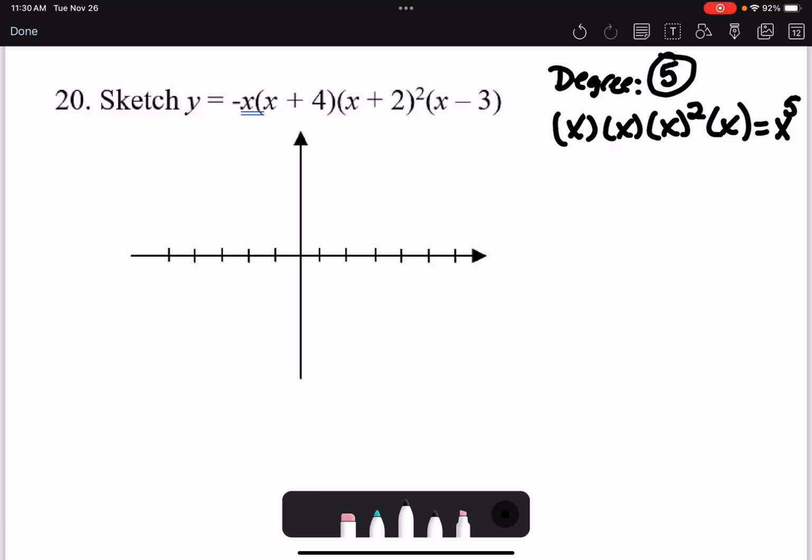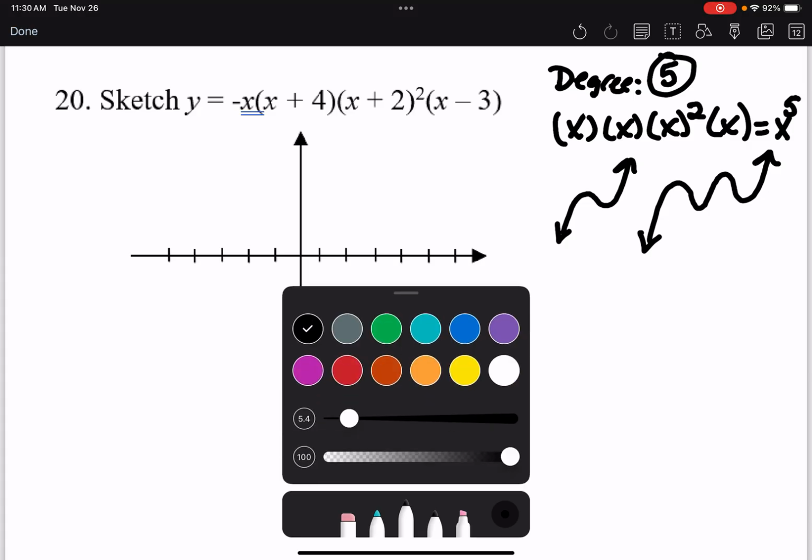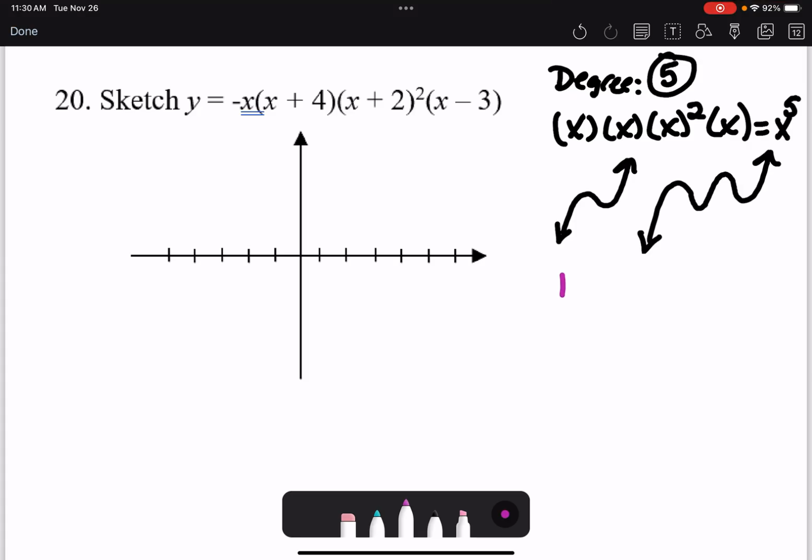That is an odd exponent, so odd degree, so I'm going to have something that looks like this. With a 5th, though, I would have an opportunity for more bumps involved, but it should look like this. Now I need to look at my leading coefficient. What sign would this be?